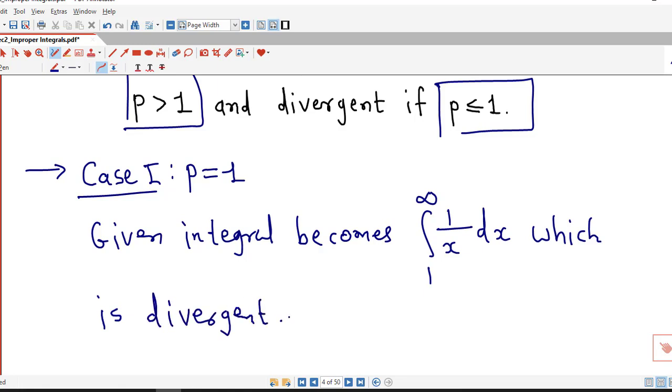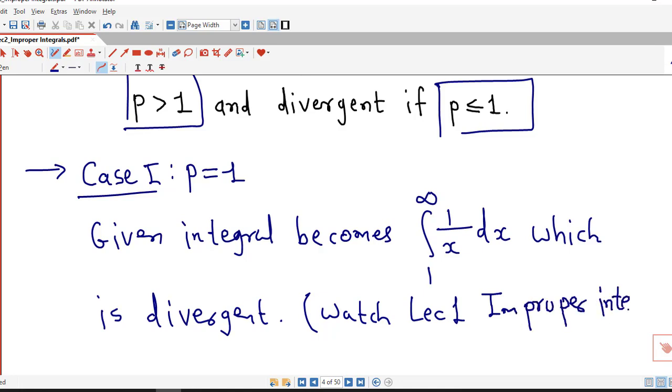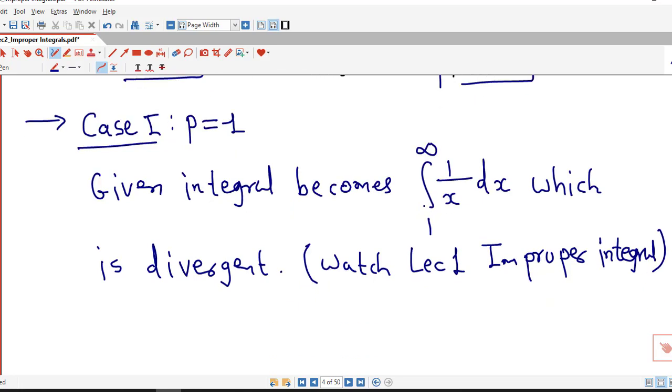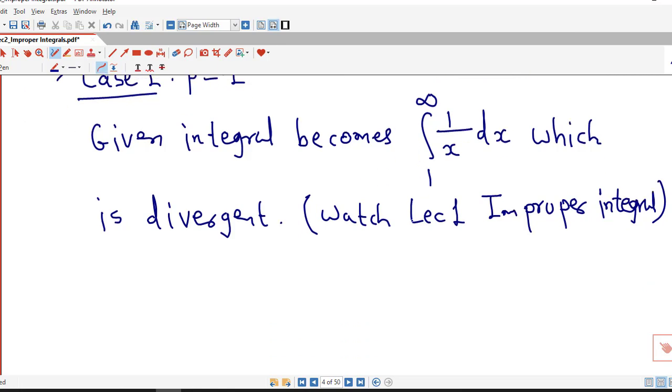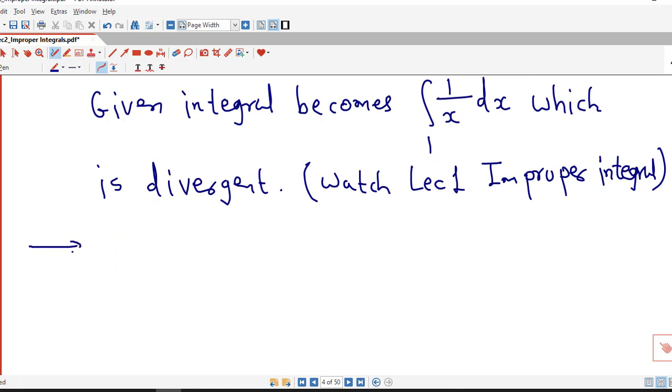So I suggest you watch lecture number 1 on improper integrals for the convergence or divergence of this improper integral. We have proved in the previous lecture that this integral is divergent. So now we discuss the second case.